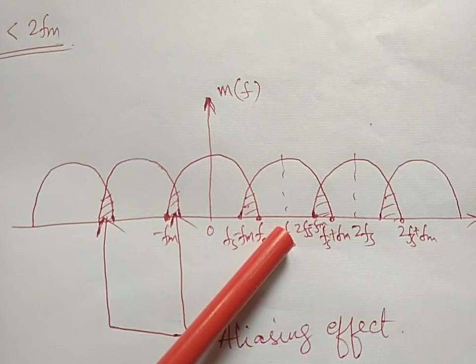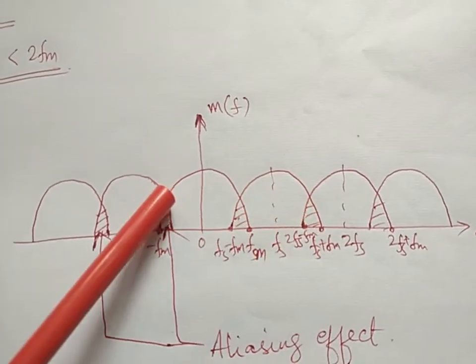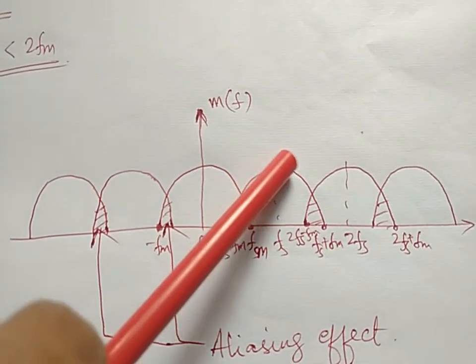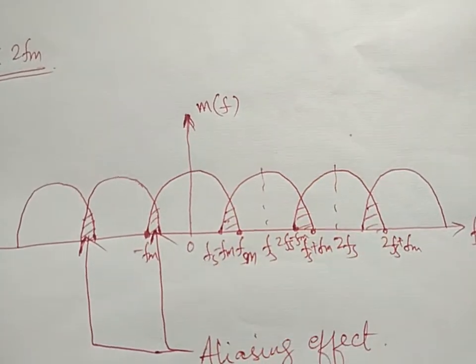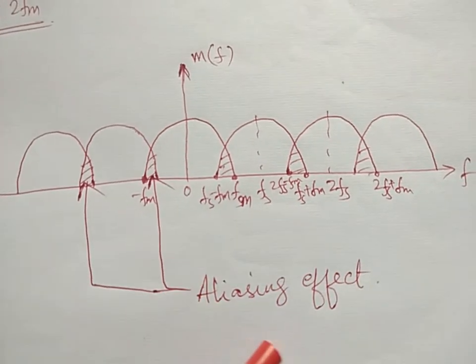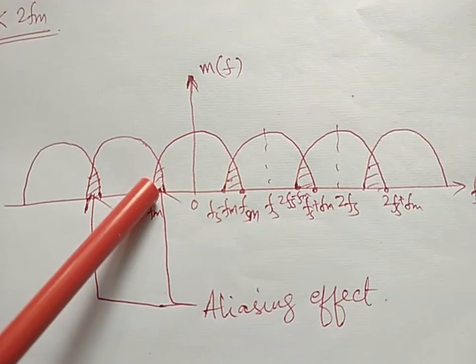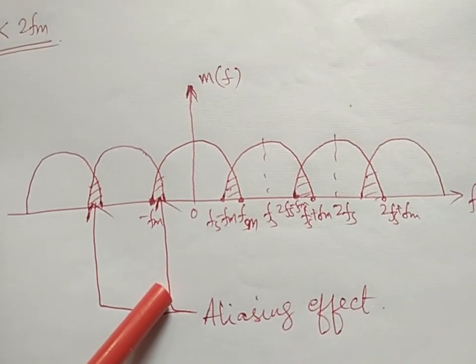Mathematically and graphically, it will overlap. The highest frequency components in each band will overlap with each other, and this is called the aliasing effect, and noise will occur. So the higher frequency components where the overlap occurs cannot be recovered back.